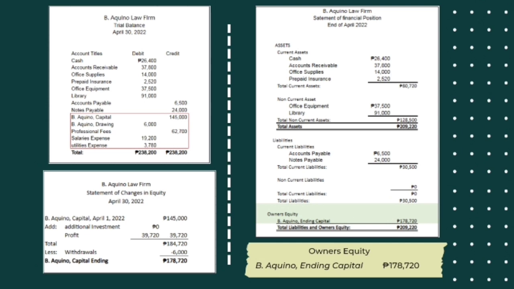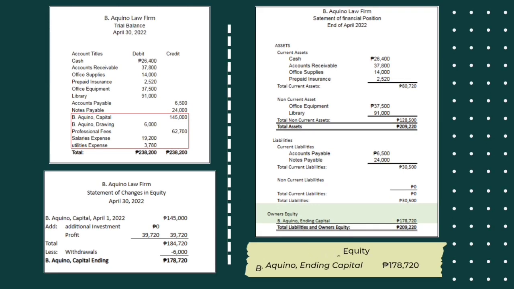Tapos, i-add natin ang capital ng B. Aquino na 145,000 pesos at ang profit na nagkakahalaga ng 39,720 pesos na ang total ay 184,720. Tapos, ile-less natin siya sa withdrawals or also known as B. Aquino drawing na nagkakahalaga ng 6,000 pesos at ang capital ending ng B. Aquino ay 178,720 pesos.